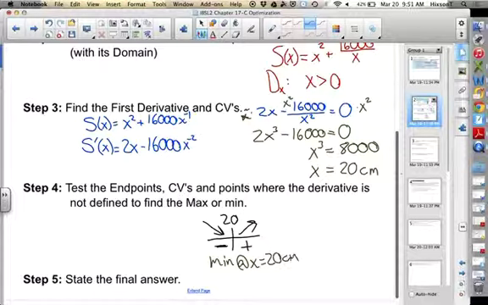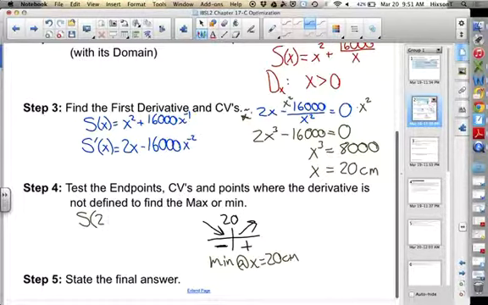I don't have any endpoints to test, because we have to be greater than 0. Even if I tried 1, plug that into the original function and you have 1 plus 16,000. That's going to give me something really big, as opposed to if I tried 20.